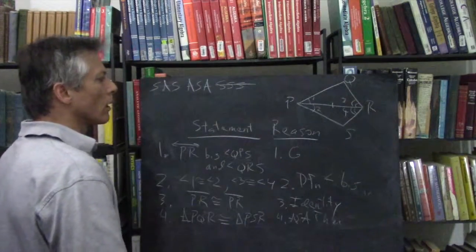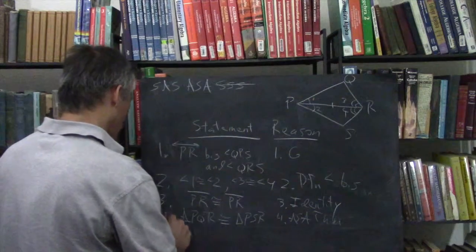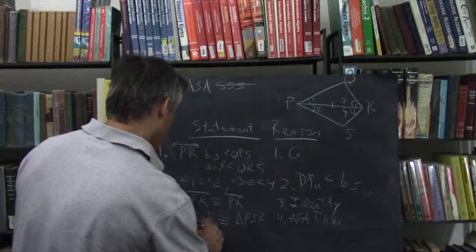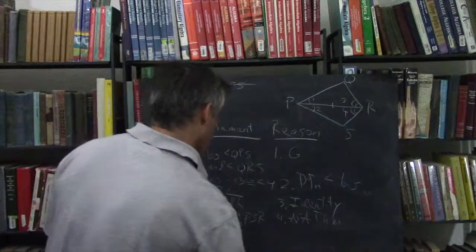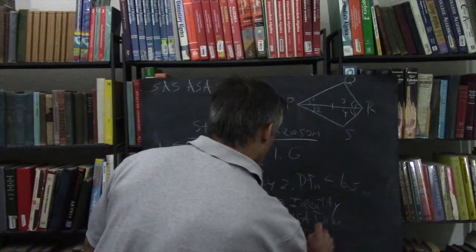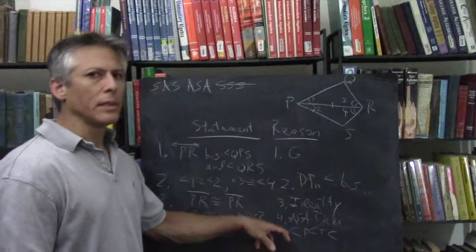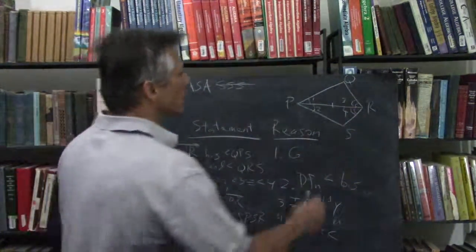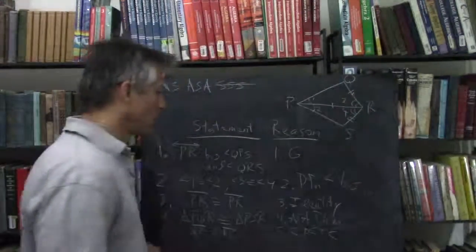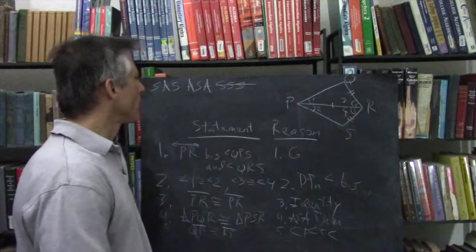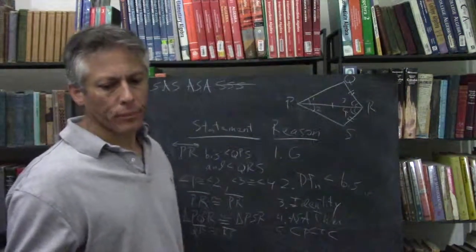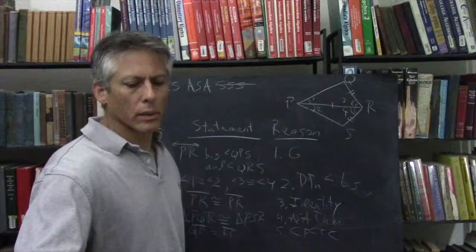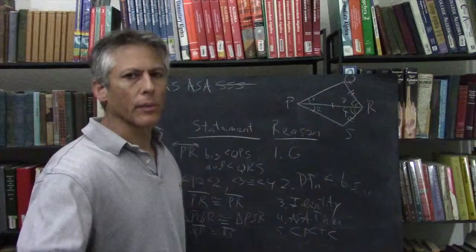And therefore, QR is congruent to RS, with our CPCTC, if you can see it down there. QR congruent to RS, because the triangles are congruent. So, good. Okay. I'm going to stop this video here, and then we'll do number 3 and number 4 in a separate video.